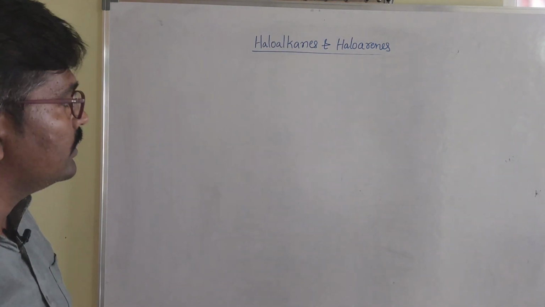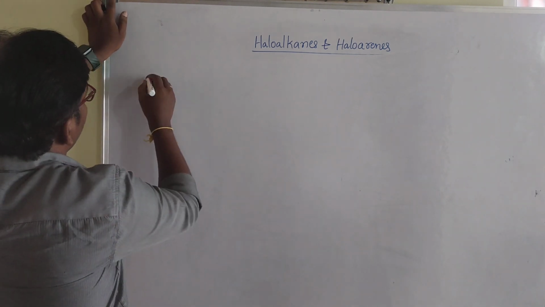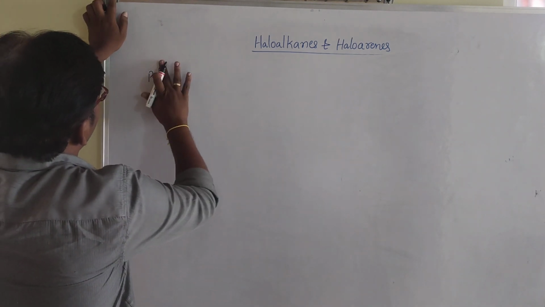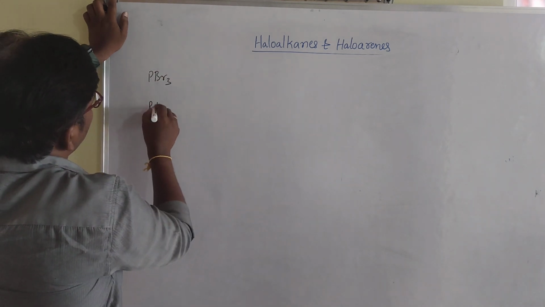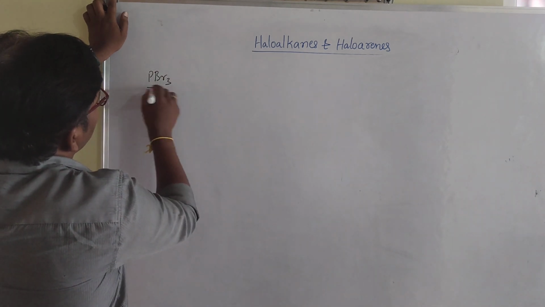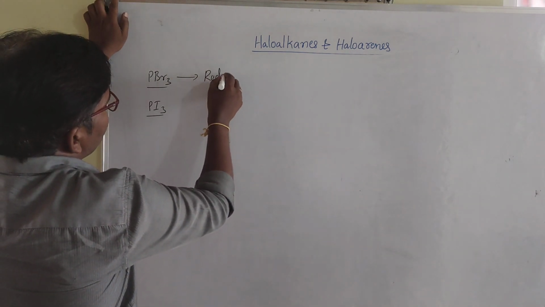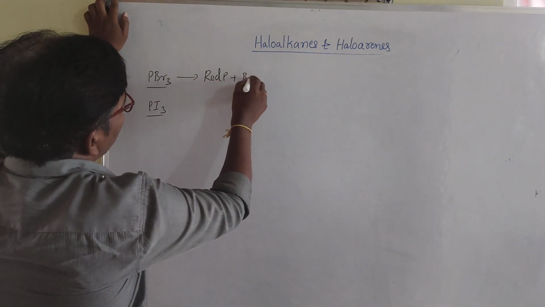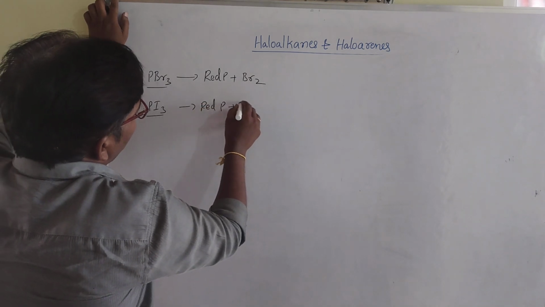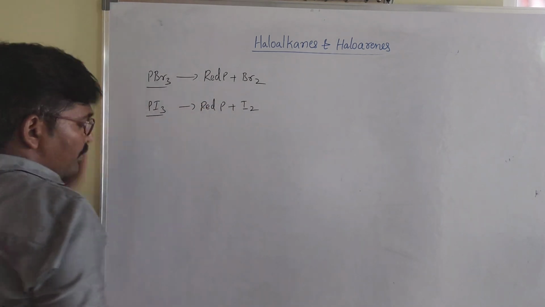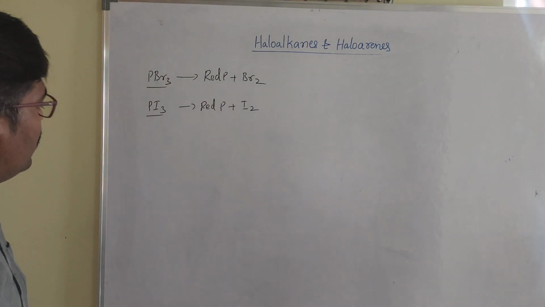If you want PBr3, then PBr3 has to attack on it, or PI3 has to attack on it. So the reagent should not be taken directly. Red phosphorus plus Br2, then red phosphorus plus I2, if you take this, will give PBr3 or PI3. Then it will be involved in the reaction.